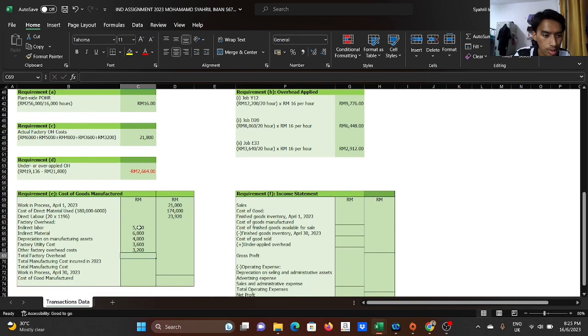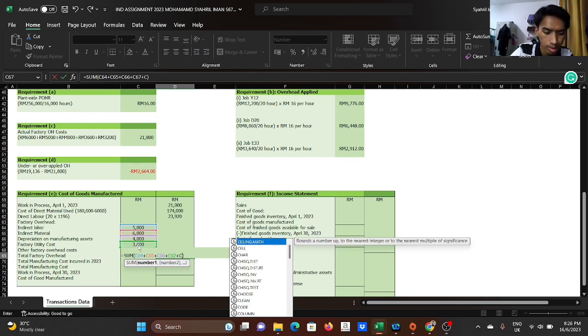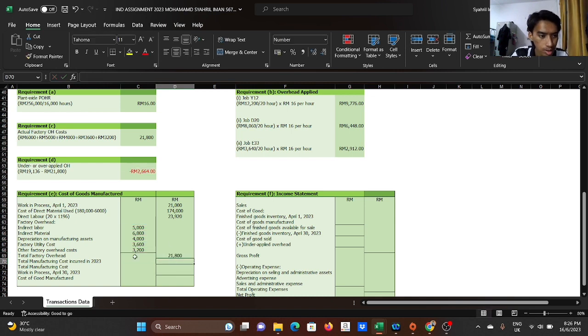So we need to compute these 5 items here. Then the total amount of factory overhead is 21,800.